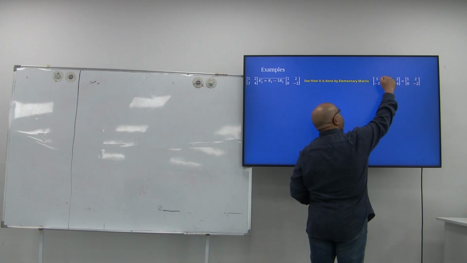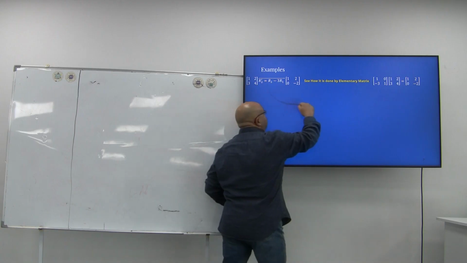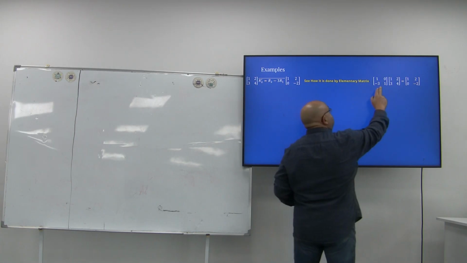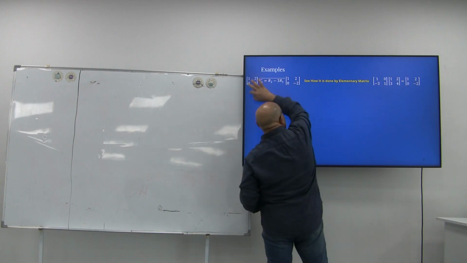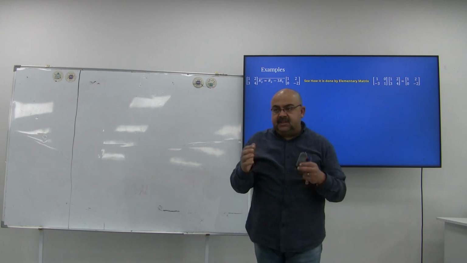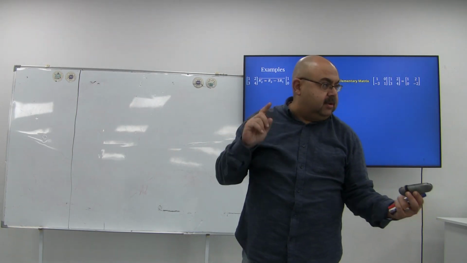Multiplying the first row by -3, so it's going to be -3 and 0, then adding it on the second row, which is 0 and 1. So that's an elementary matrix corresponding to the same row operation. If I multiply this matrix by the main matrix, this is the result that I have. So there is a correspondence between the row operations and the corresponding elementary matrices, as you can see.